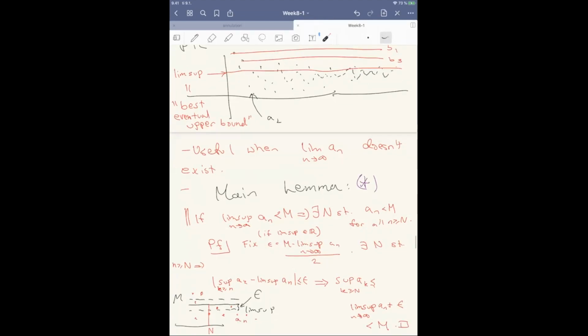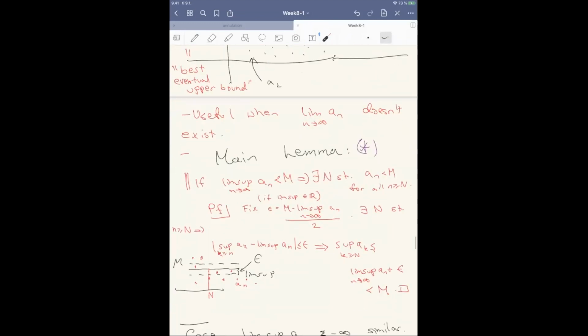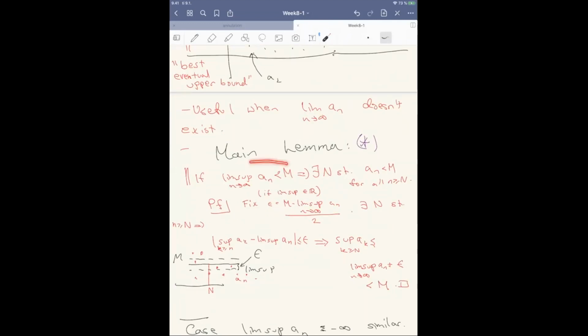And the main lemma that we will use, and the only fact really about lim sups that we will use, is that if we know that the lim sup is less than M, this implies the second statement.